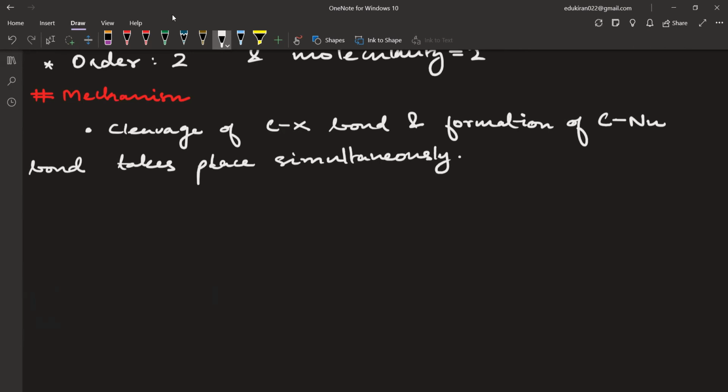So you'll write the mechanism like this, okay? So you have carbon, you have X here. Wait a second. Write the nucleophile first now.